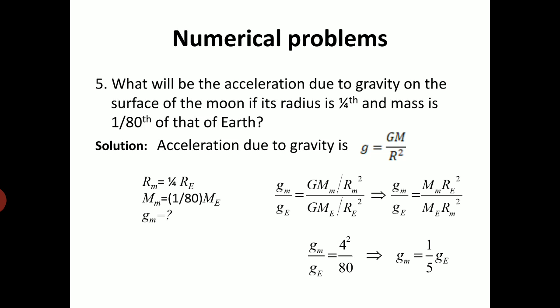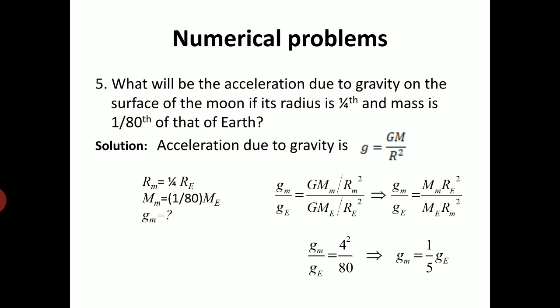If we take the ratios, capital G and capital G get cancelled. We are left with Re square divided by Me Rm square. Substitute the value of Rm and also the value of Mm and simplify.